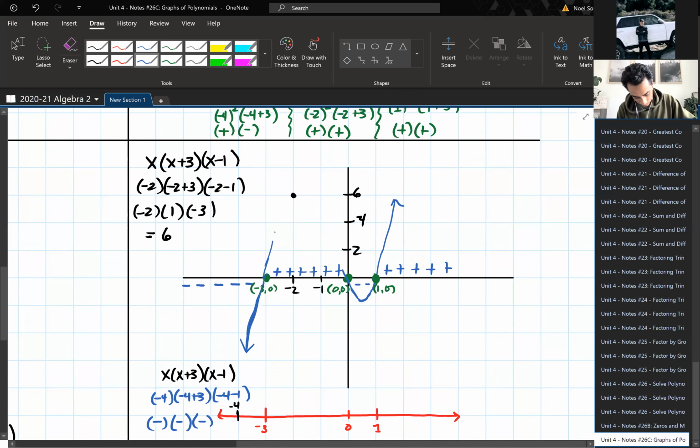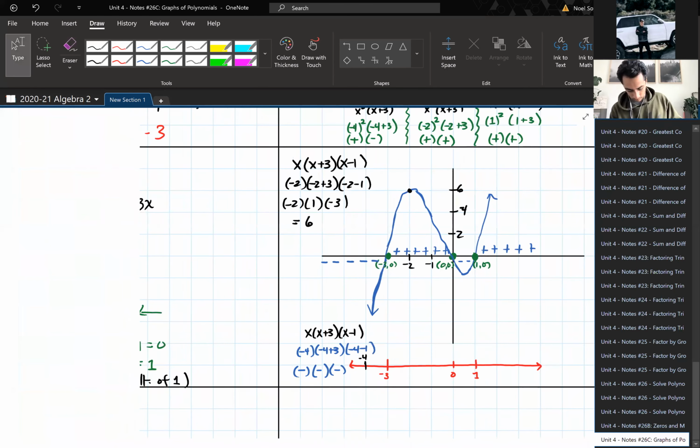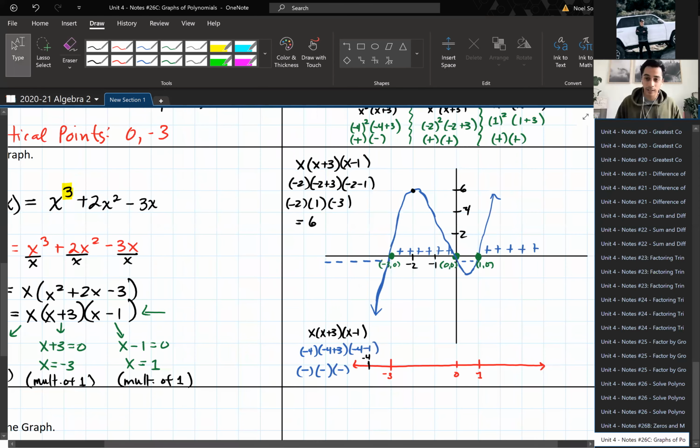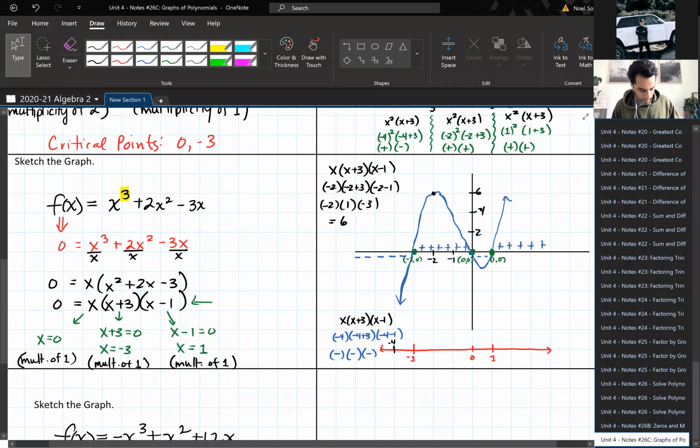So I'm going to try to sketch it through that point. So I have something a little more precise. All right, so this is a real rough sketch. Any questions there for number 2?